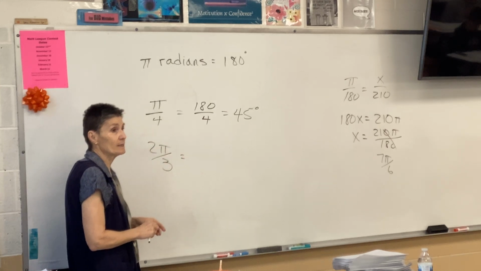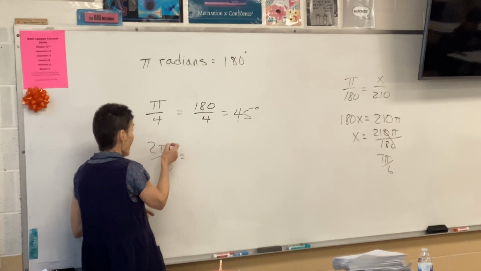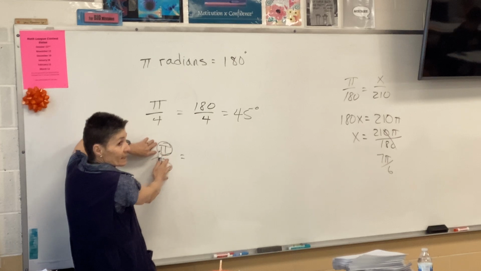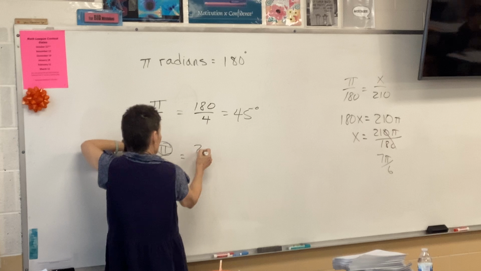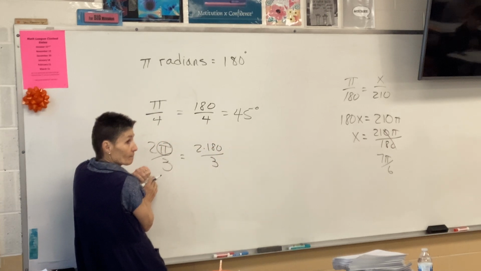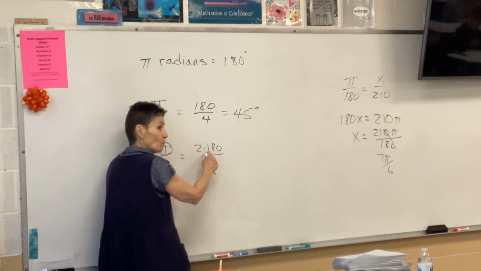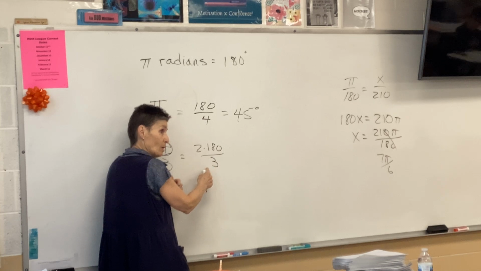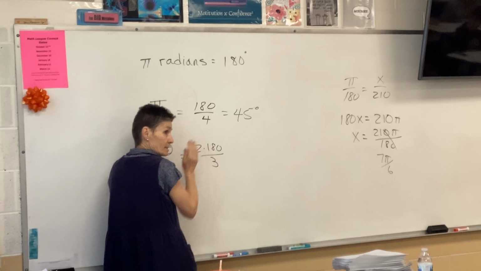Two pi over 3. Same thing. We know that right there. Forget the 2 and the 3 for a second. We know pi is 180. So we have 2 180s divided by 3. So you can either do 2 times 180 divided by 3, or I like to do 180 divided by 3 times 2.